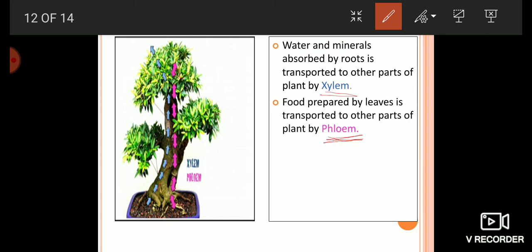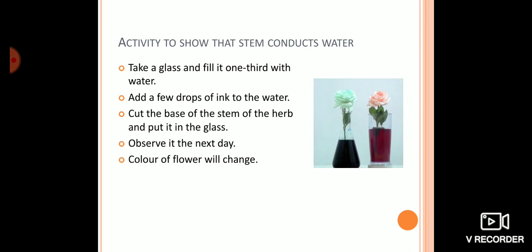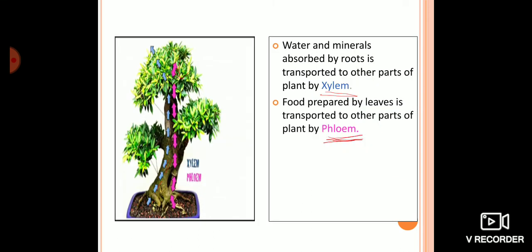Xylem and the phloem. Okay, let's understand this. All of us know that roots absorb water and minerals from the soil. Then this water and minerals are transported to the different parts of the plant through the stem. How?